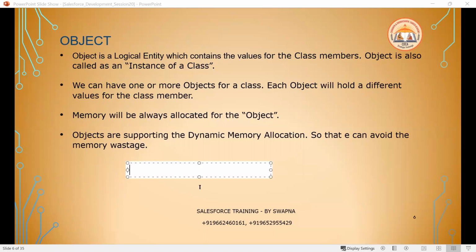As soon as I say integer A, I'm just defining it, I'm not allocating anything here. As soon as I say A equal to 7, a memory gets allocated to A, and the space is getting created.